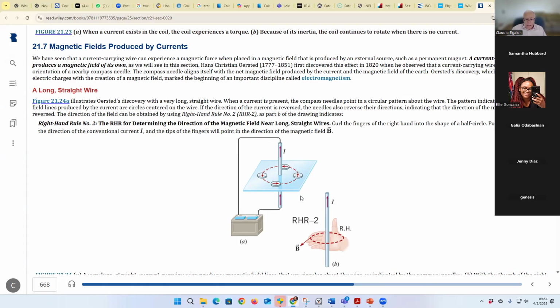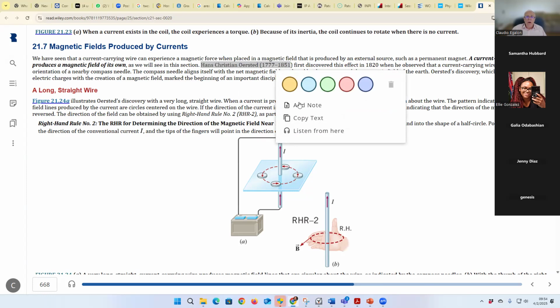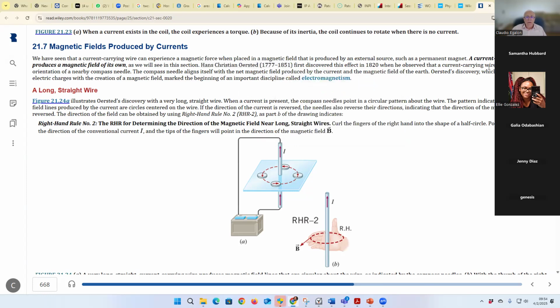So why am I talking about the compass? Because it's an old invention, and it was only around the 1700s, here you go, Hans Christian Ørsted, who discovered that electric currents are the source of a magnetic field.